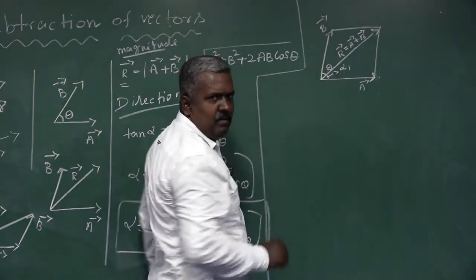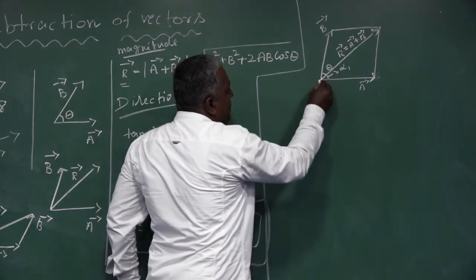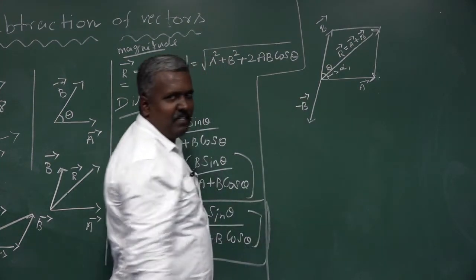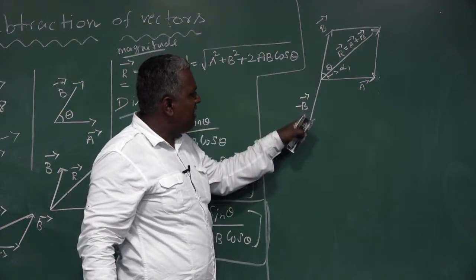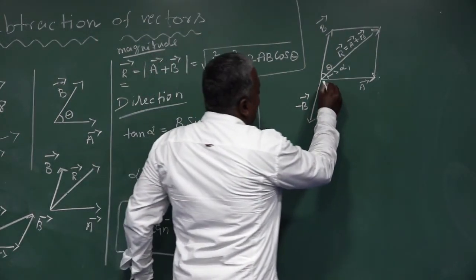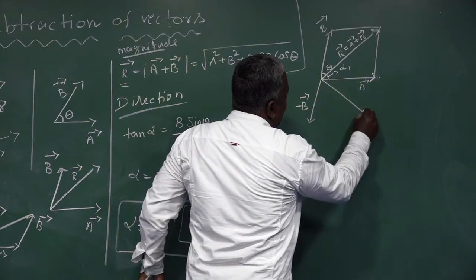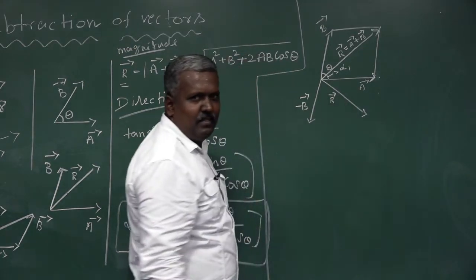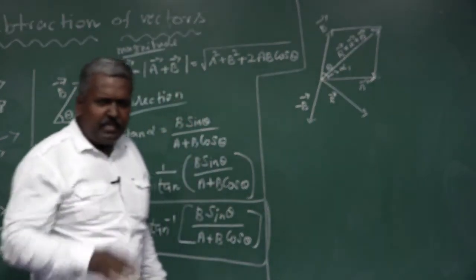This is B vector. Opposite to this, we must find minus B vector. I am correct or not? Opposite of B vector is minus B vector. Then this is the resultant. Already told you, nothing else.